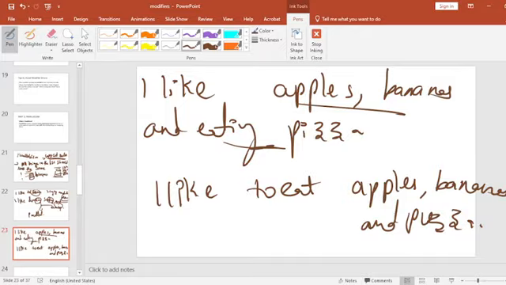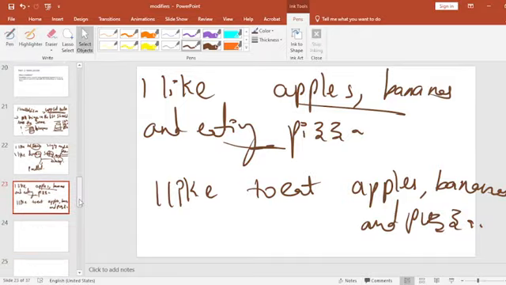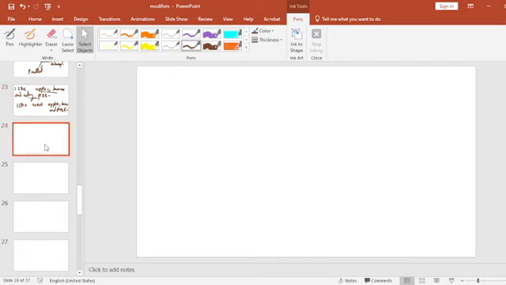So where to use parallelism is the biggest question. Where can we use parallelism?